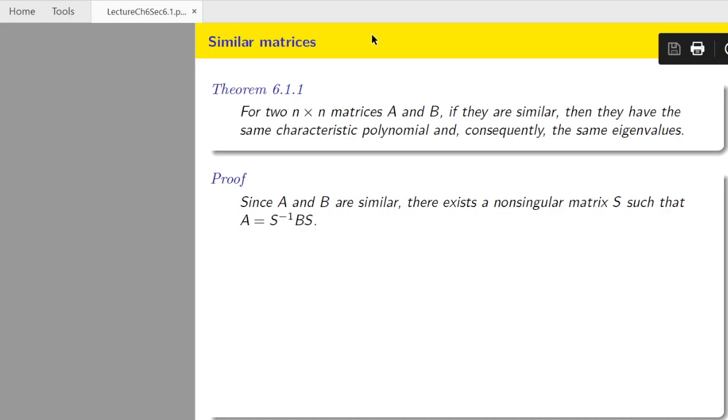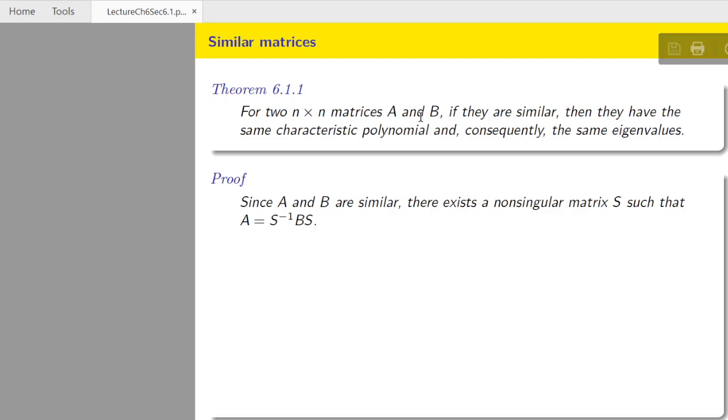Let's look at theorem 6.1.1. This theorem is about similar matrices. We talked about similar matrices in chapter 5. We consider two n by n matrices A and B. Suppose these two matrices are similar.